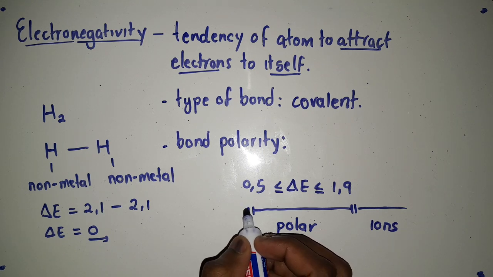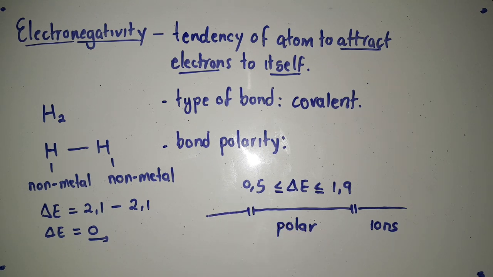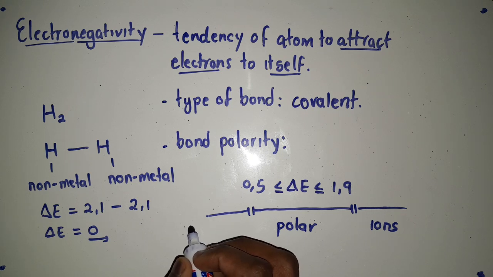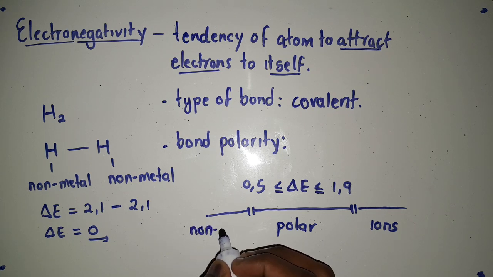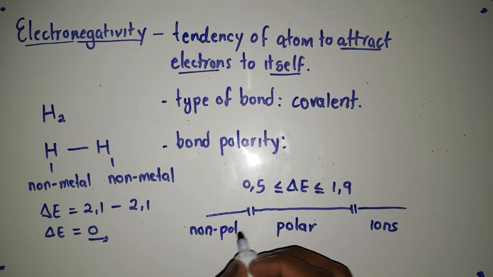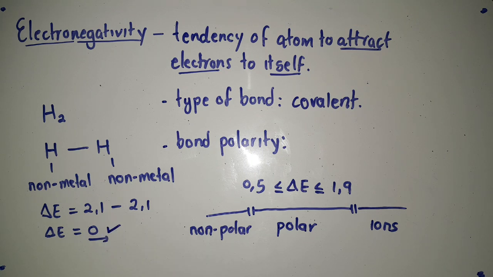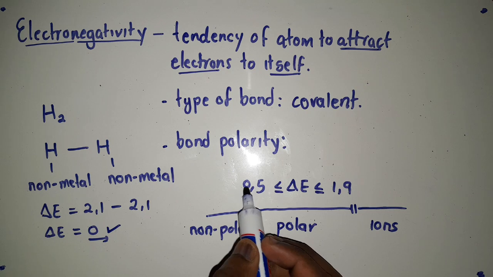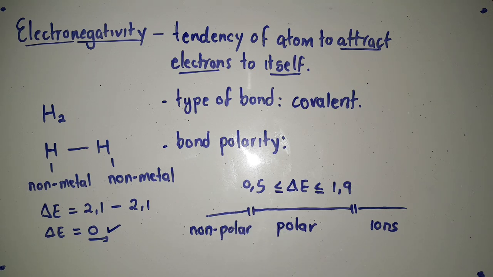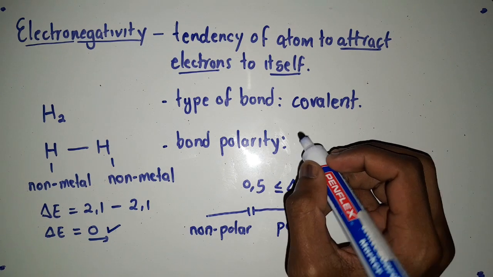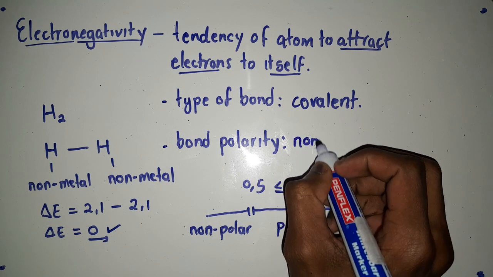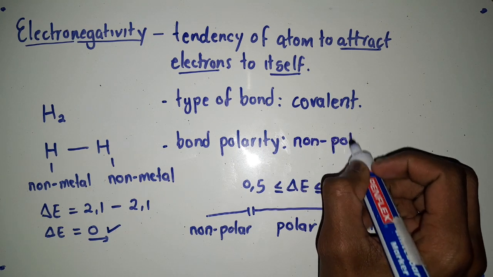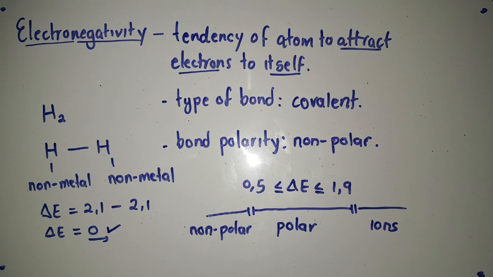A value below 0.5 represents a non-polar. As for this one, we got 0, and 0 is below 0.5. So the bond polarity for this is going to be non-polar. Do you understand?